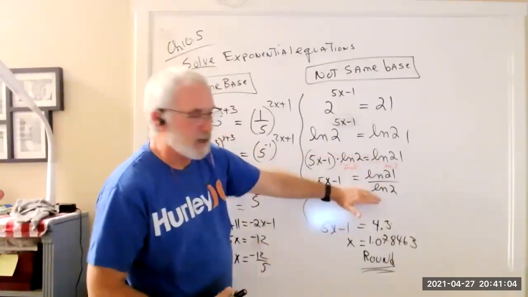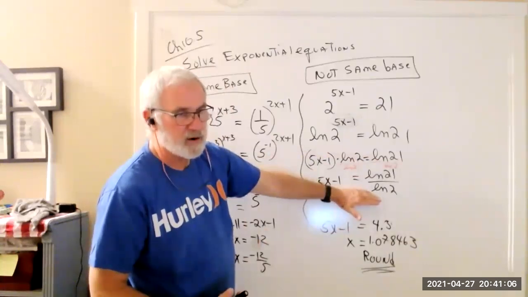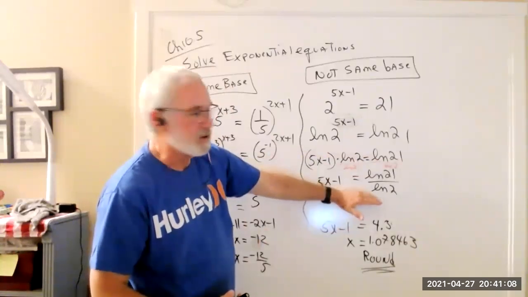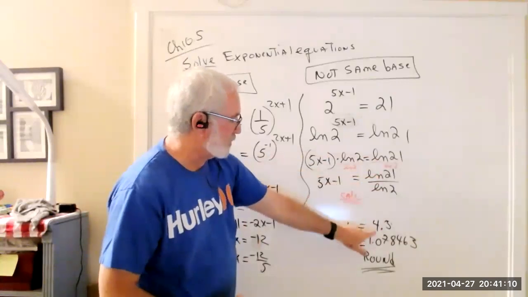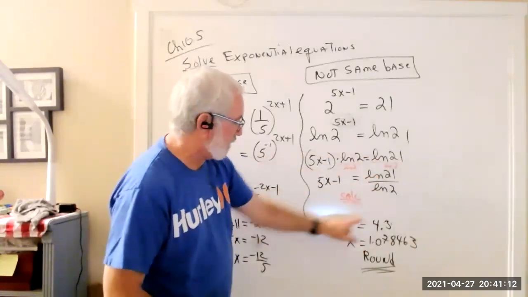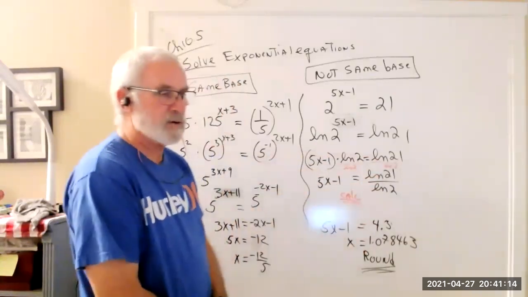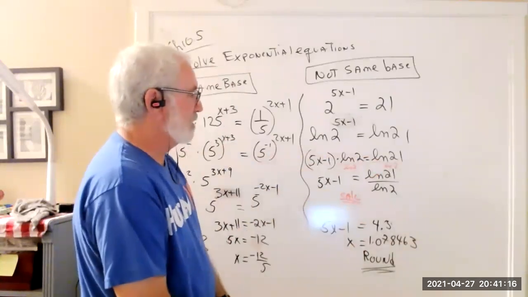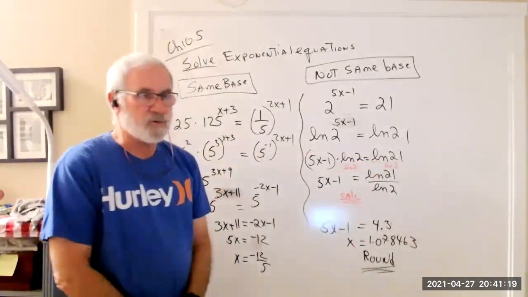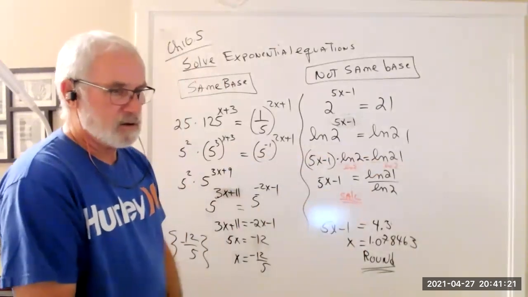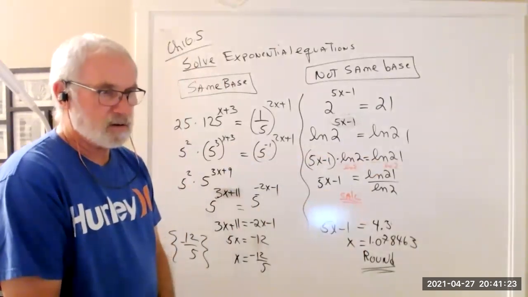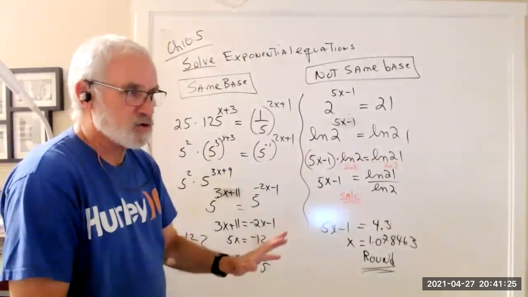And at that point, I quit and go, I'm going to my calculator. Everything else is going to be done on my calculator. The ln of 21 over 2 is 4.3 something. Add 1, divide by 5, and then round according to whatever the directions say. Yes or no for everyone? Yes. Any questions, any hesitation?